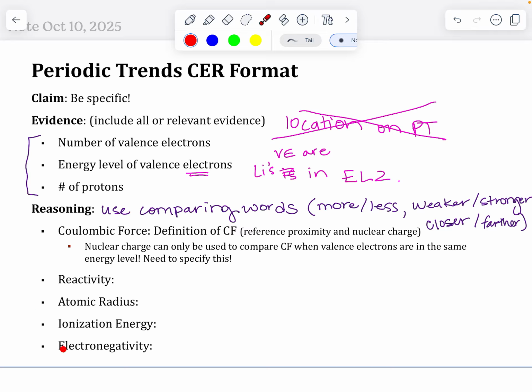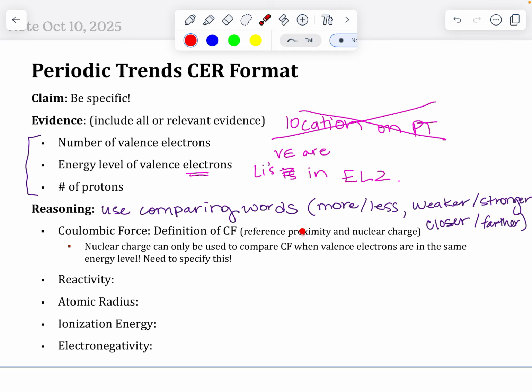When we're looking at reasonings then, we want to make sure we're using the correct things. You don't need to explain electronegativity in terms of our other trends. Everything is actually going to be able to be explained in terms of coulombic force. So if the question is just asking about coulombic force, then you want to reference that definition of coulombic force, which is the attraction between the protons and the electrons.